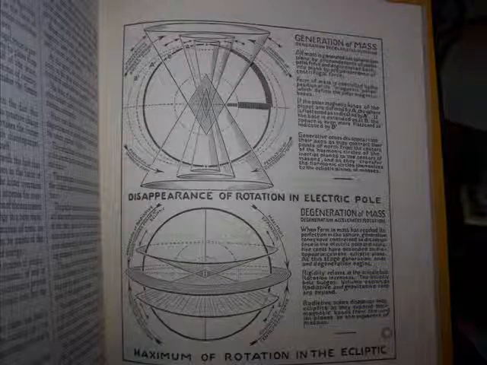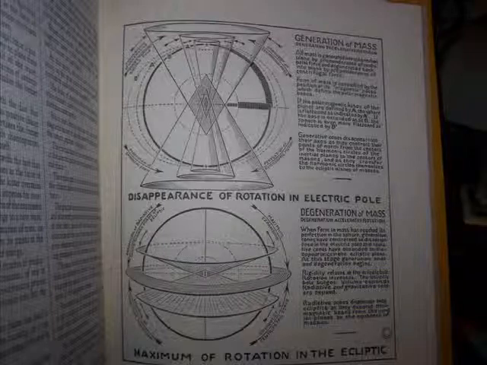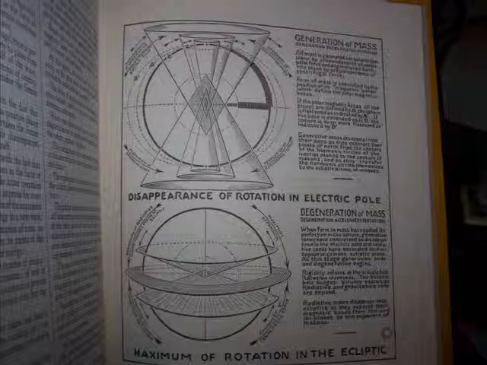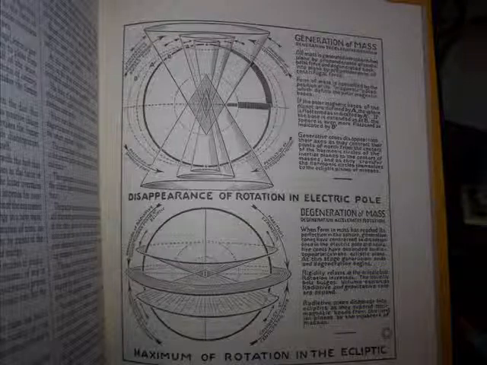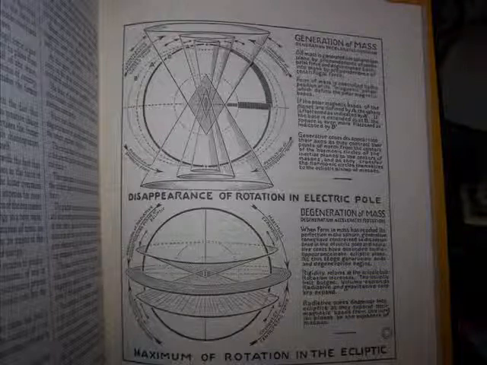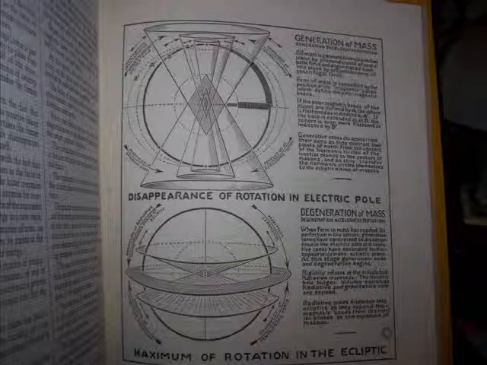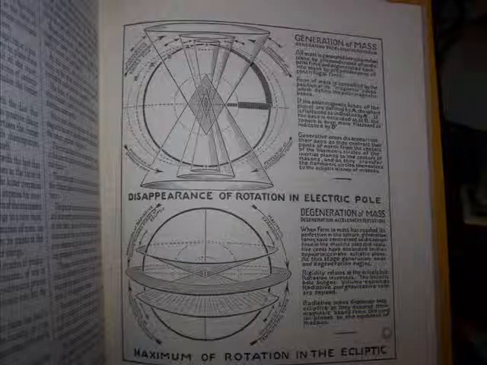That's the maximum of rotation in the ecliptic. Evolution of mass. Electricity evolves mass into the form of a true sphere, and magnetism devolves it into plane. The process is orderly and periodic. Now I've read those two charts, and to begin again at where we left off.